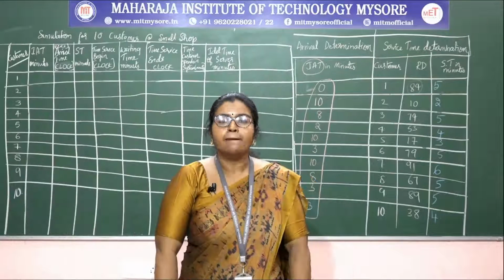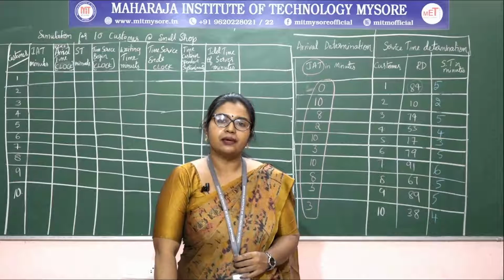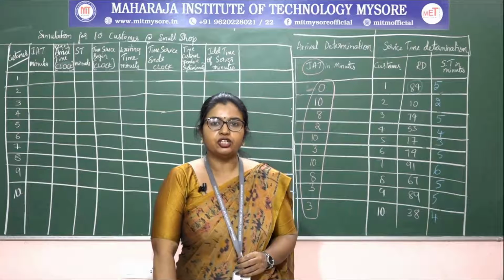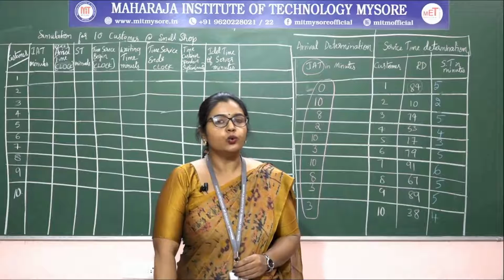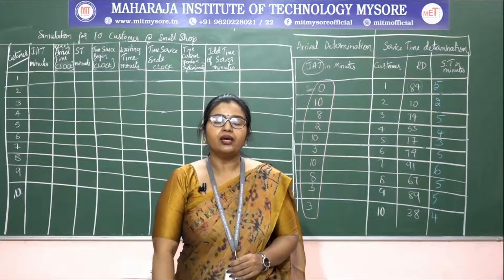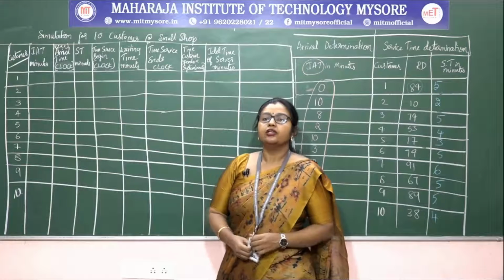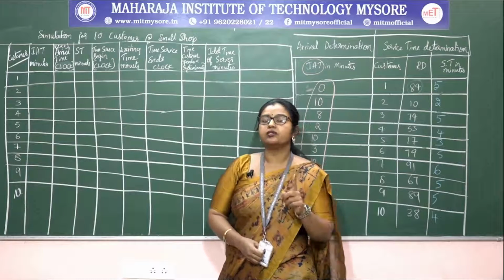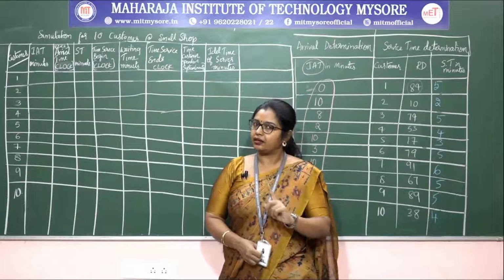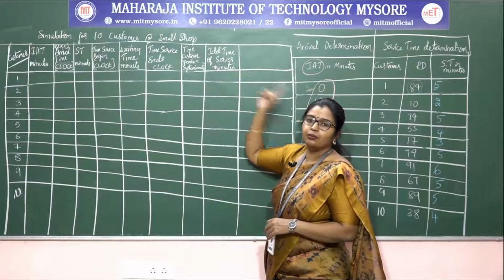So based on the inter-arrival time and the service time, we are going to do the simulation for 10 customers who are arriving at a small shop, which has only one counter. One counter in the sense only one server will be there. That's why we also track the idle time of the server in minutes.